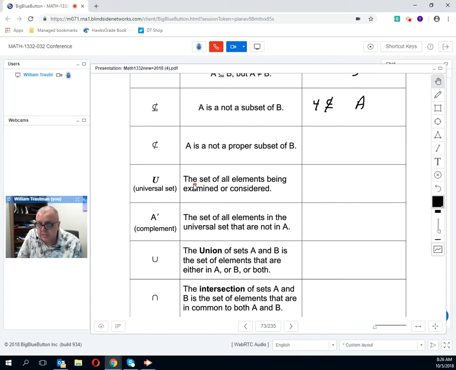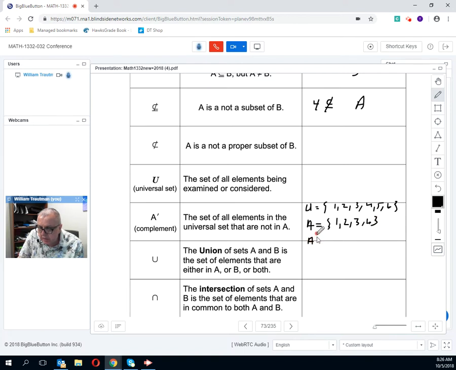Universal set, the set of all elements. A prime is the complement. Let me show you an example of A prime. Let's say I have a universal set of 1, 2, 3, 4, 5, 6, and set A is 1, 2, 3, 6.